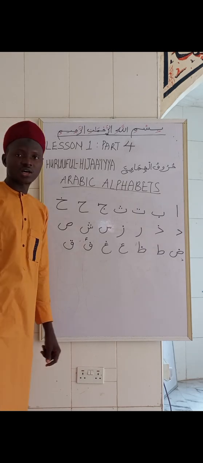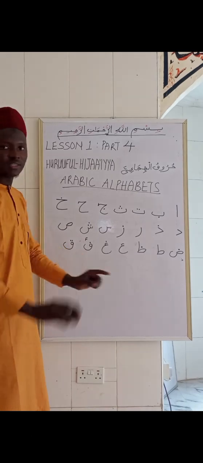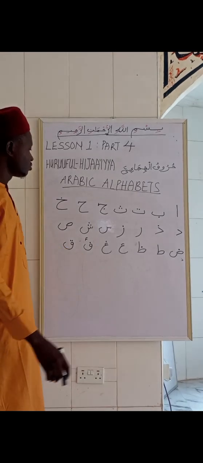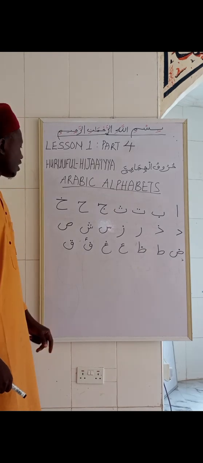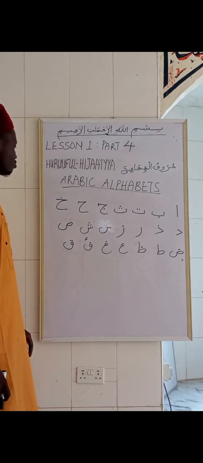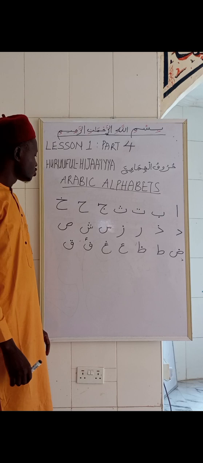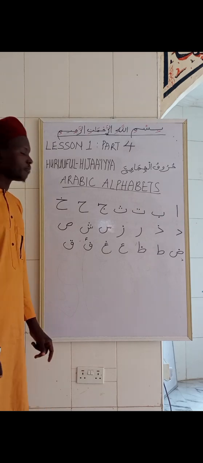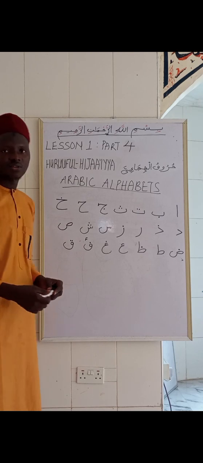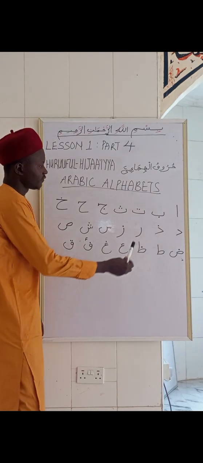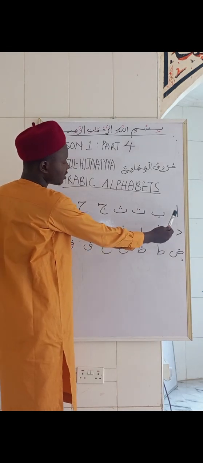Today, inshallah, we are going to complete the Arabic alphabet to make it 28 letters. But briefly, let's quickly revise like we do in every lesson. So the first one is what?